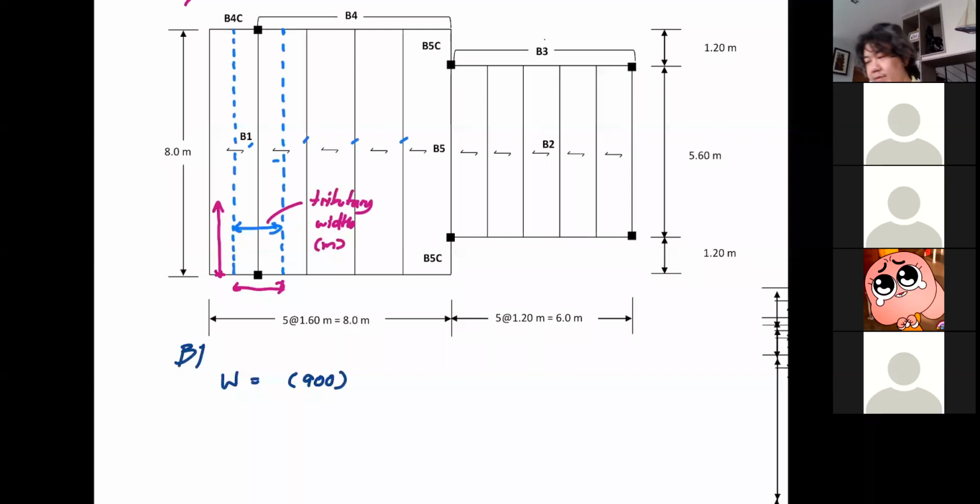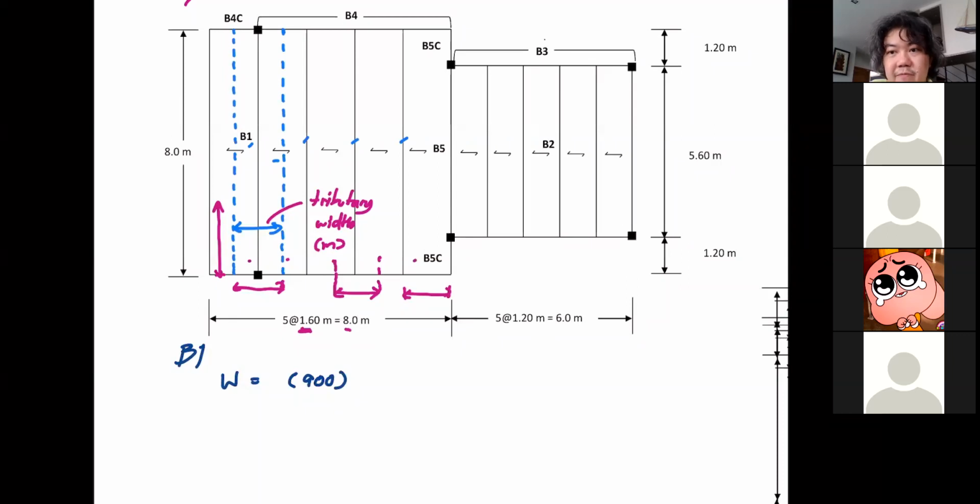The tributary width generally is equal to the spacing here. The total length here is 8 meters. You have 5 panels, each 1.6 meters. So if this is 1.6, the half distance between each beam should also be equal to 1.6.